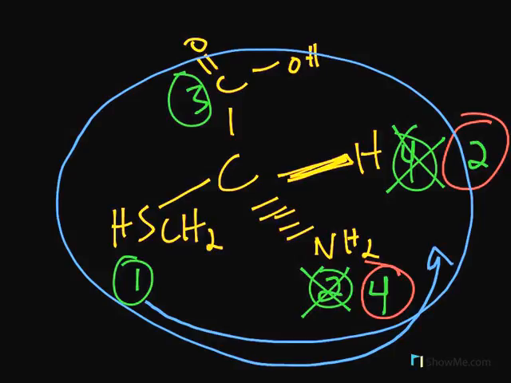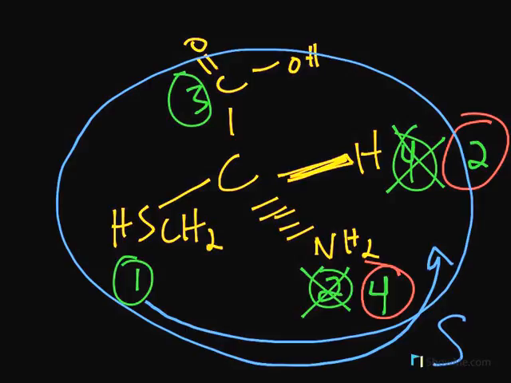So that's counterclockwise. However, because we switched the fourth and the second priority, as written here, it would be... So I'm going to write it up here, at the bottom right. As we have it here, it would be S.